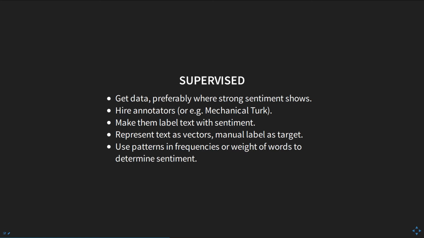Now, the way we would normally go about doing this task is that we collect some data, and as I said, preferably where there's very strong sentiment, because when we're training to solve this task, we actually want there to be strong indications of either positive, negative, or neutral sentiment. Then we hire annotators, so these will be people that go and look into our data and do manual labeling of these instances, so that we actually have a prediction target, a strong signal of the opinion or sentiment within that text.